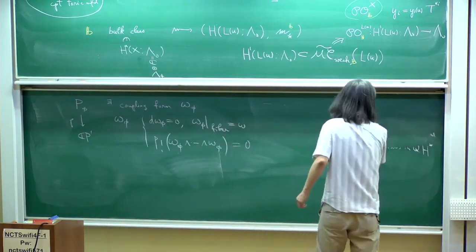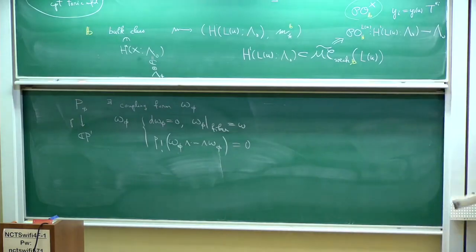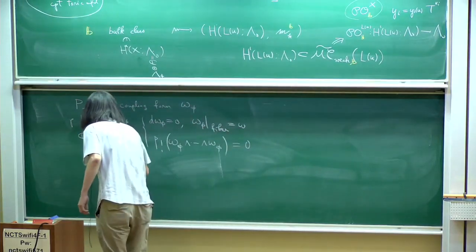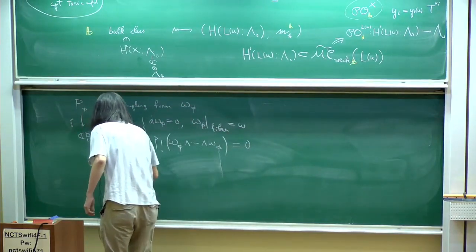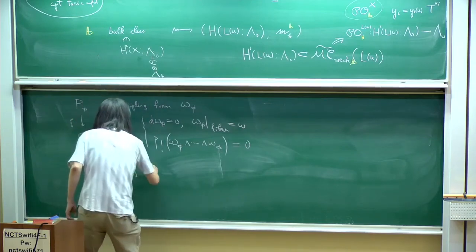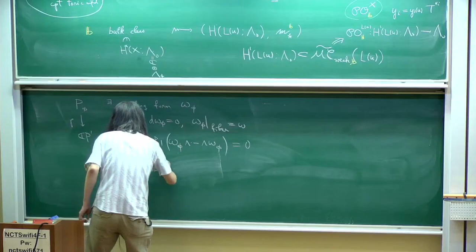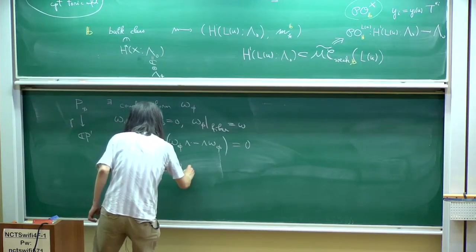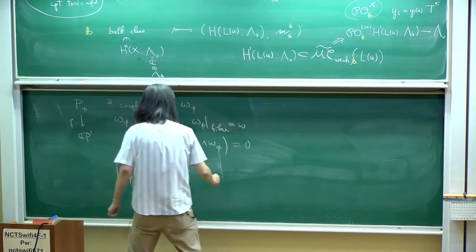So for the coupling form, the cohomology class of a coupling form is the so-called coupling class, and it is well defined.